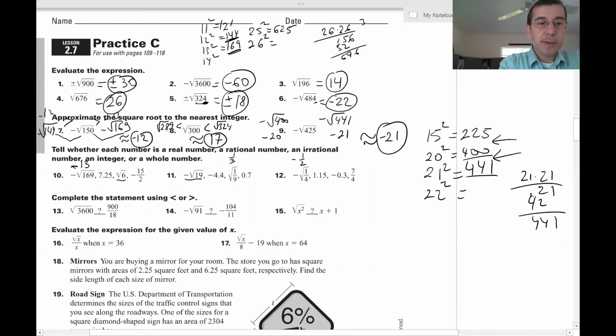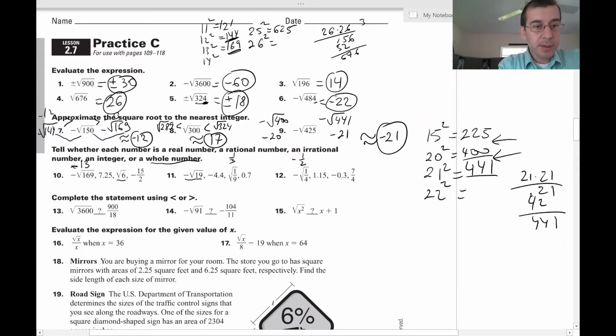Okay, so let's start with the whole numbers first. Whole numbers, we don't have whole numbers for number 10. For number 11, we don't have whole numbers here either. Number 12, here we don't have whole numbers either. Okay, integers.